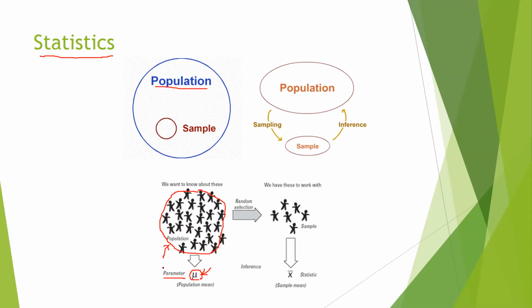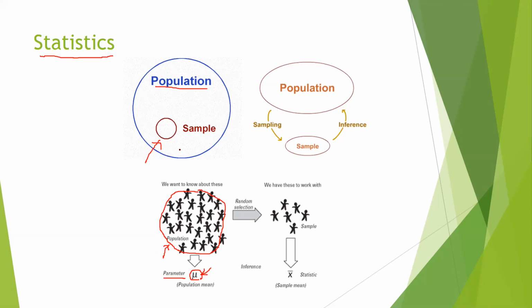So what we can afford to do is to study a random sample. A random sample means we just take a random sample from the population of interest. This sample should be random. Why?